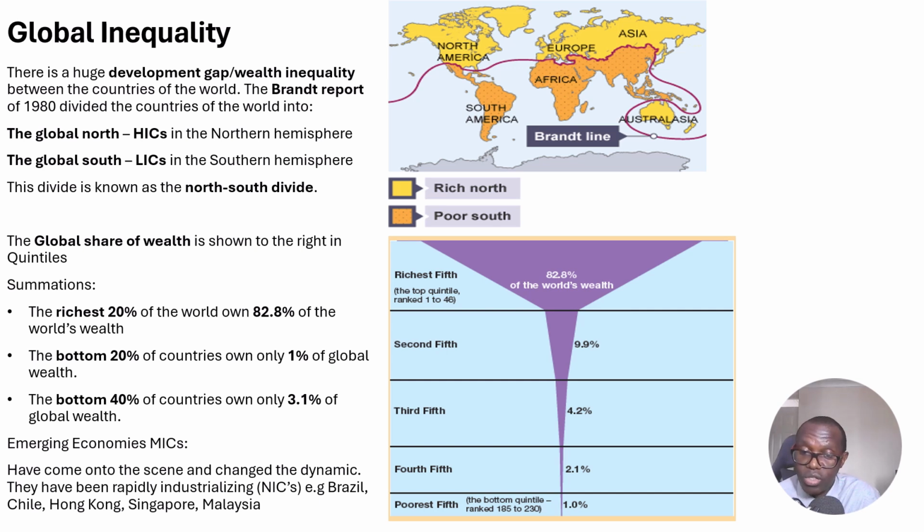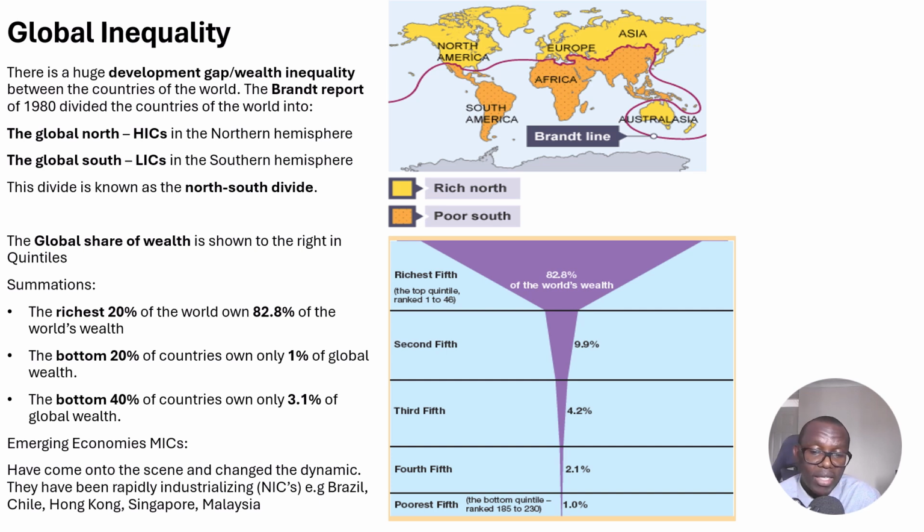Now that is quite significant because obviously it shows that the richest fifth of countries in the world own the majority of the wealth, so 82.8%. Then the bottom 20% of countries only own 1% of the global wealth.